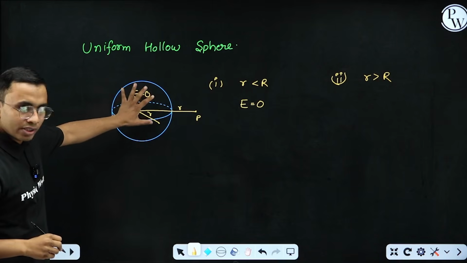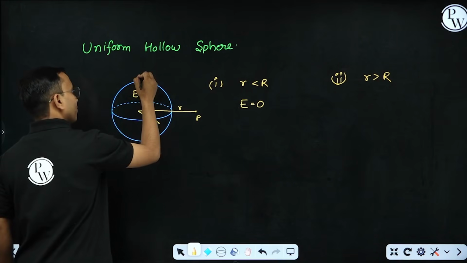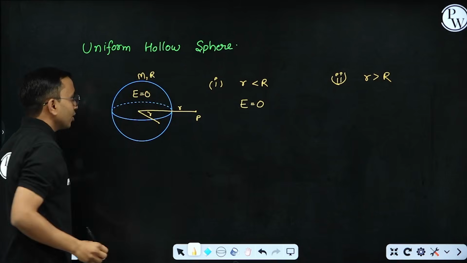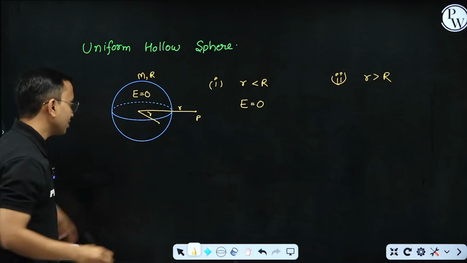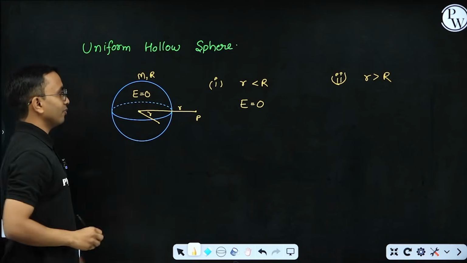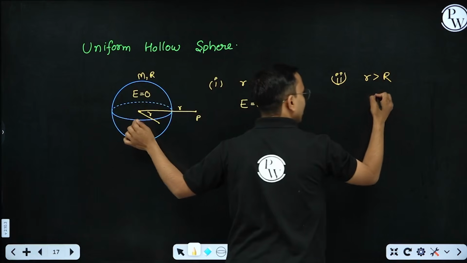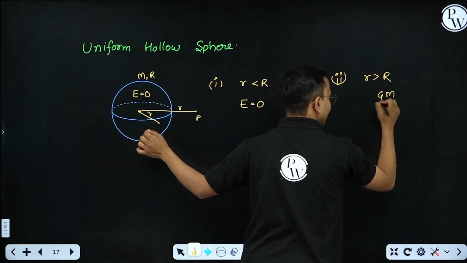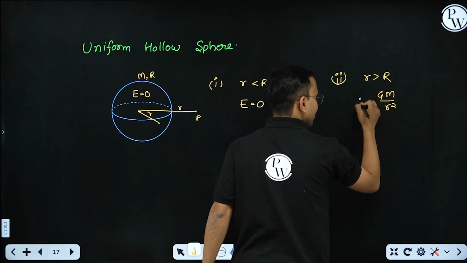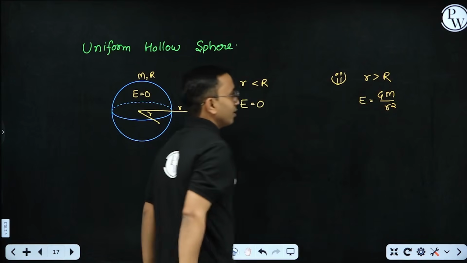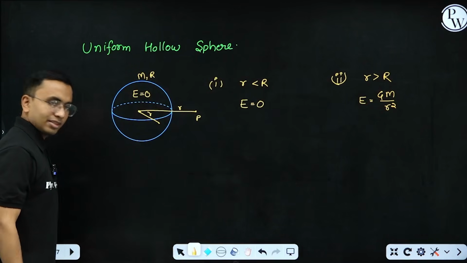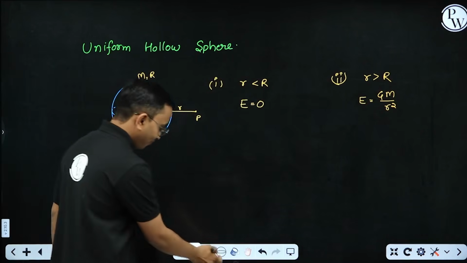Consider this sphere of mass m, radius R, to be a point mass that is kept at the center. What will be the field? G into mass divided by the distance square. Got it? Same thing.